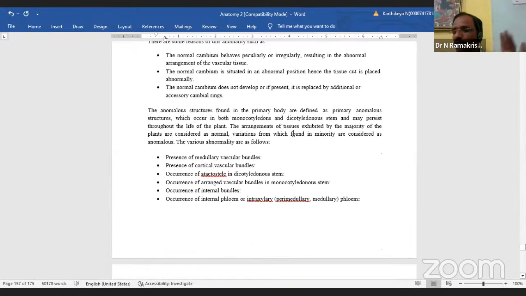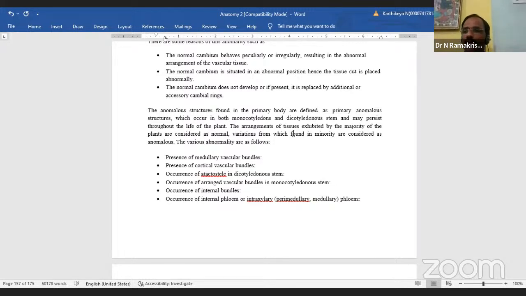Okay, so lastly, briefly, softwood and hardwood. The study of wood structures we call xylotomy.